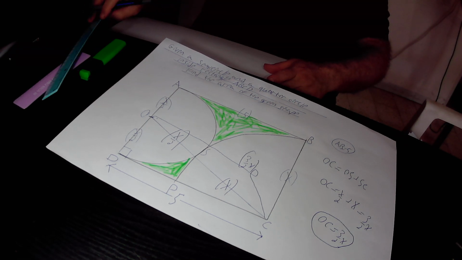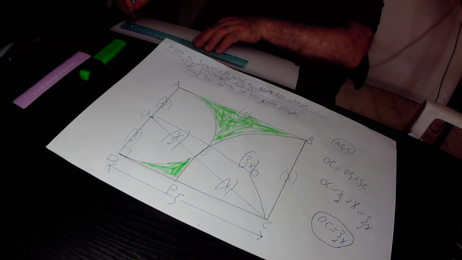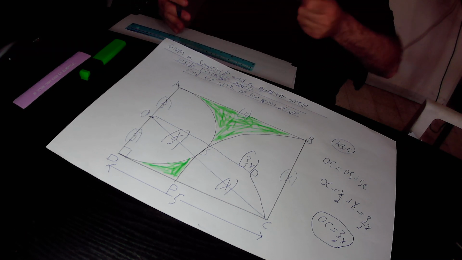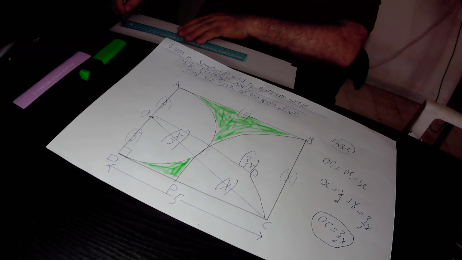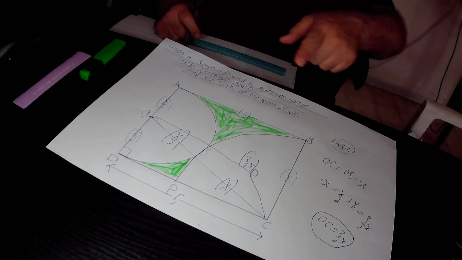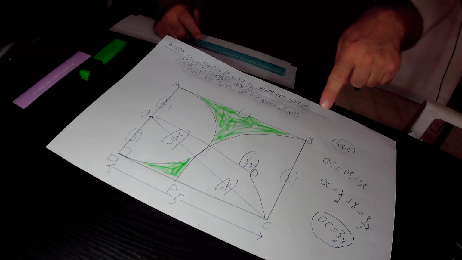So what is the area of rectangle ABCD? Actually the area of any rectangle equals the length of the rectangle times the width. The length of rectangle ABCD is AB, that is 5. The width is BC, that is x.